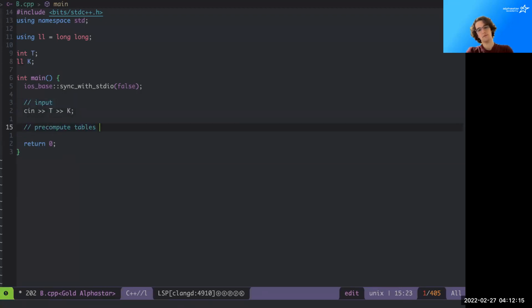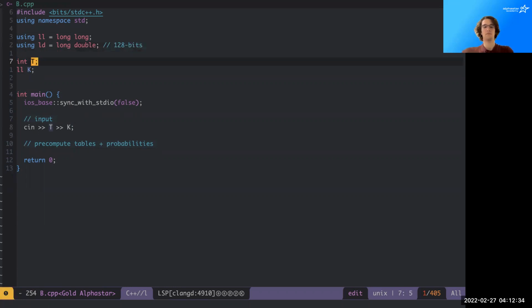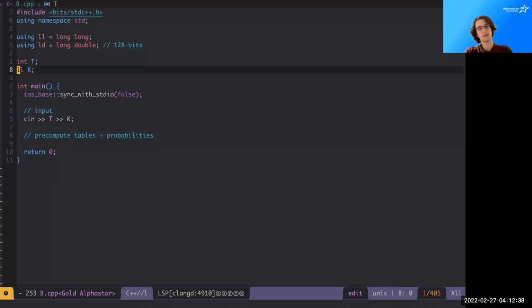Pre-compute tables plus probabilities. Also use long doubles just in case precision issues hurt us. Long doubles in C++ are 128 bits, a little bit better for precision, a little bit slower overall, but I don't think we're worried about speed here.